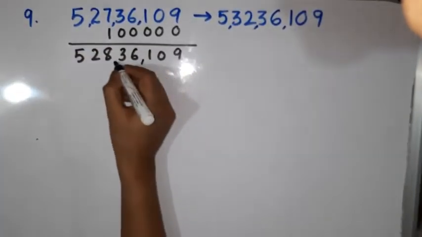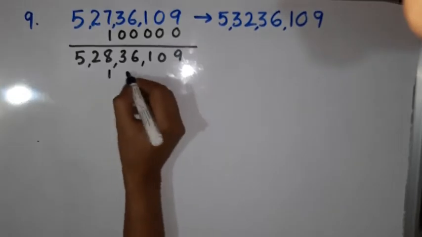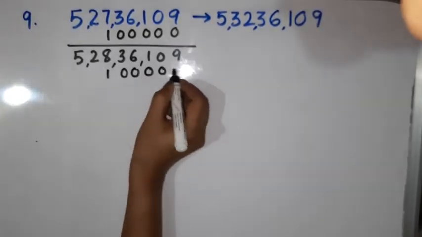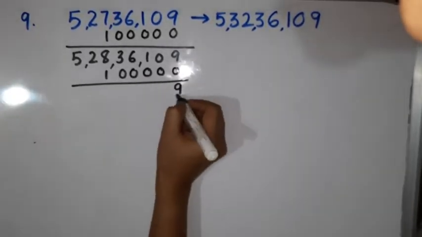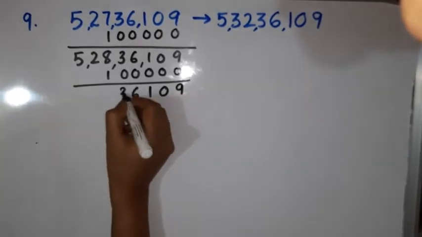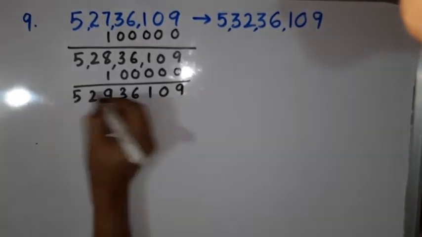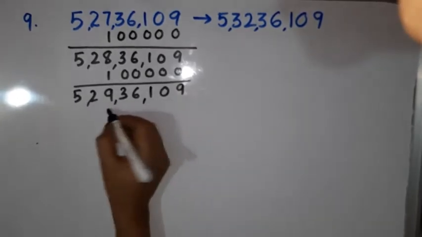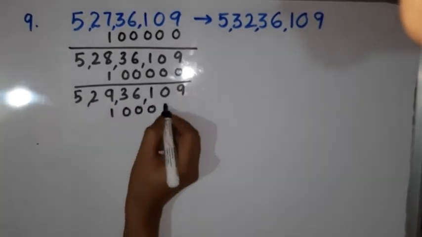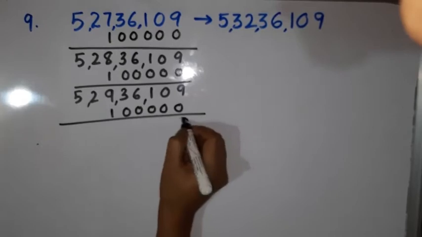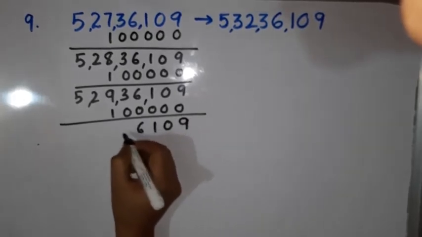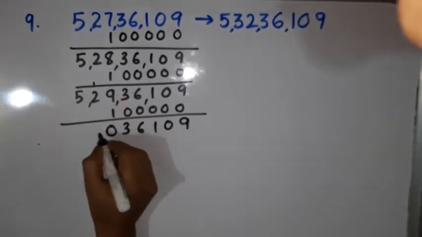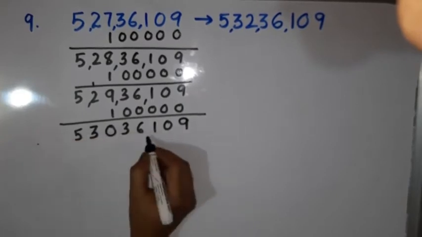Again we'll add 1 lakh. 9, 0, 1, 6, 3, 9, 2, 5. Again we'll add 1 lakh. We haven't reached that number. 9, 0, 1, 6, 3, 9 plus 1 is 10, 3 and 5.